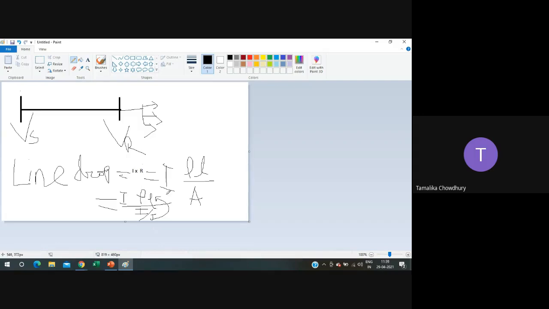So J rho L by V, because this I and this I cancel. So line voltage drop equals J rho L by V into 100.